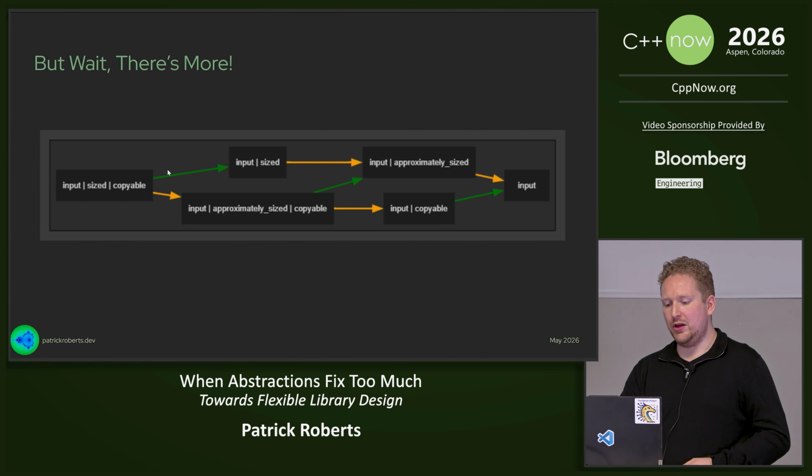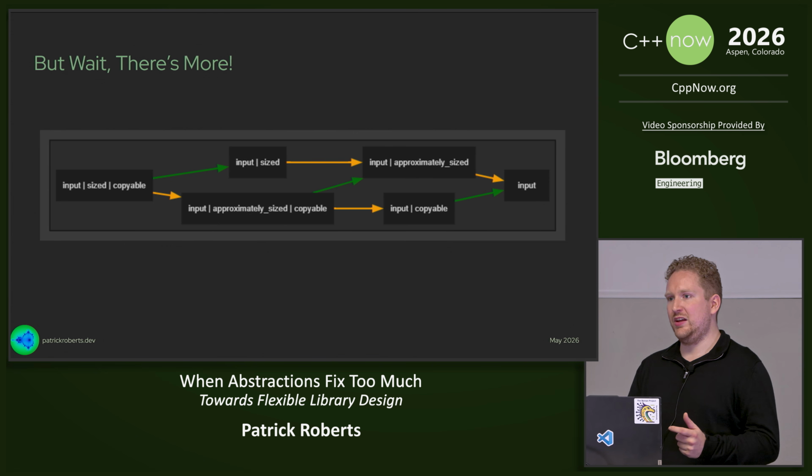The green arrows show removing the copyable capability, and the yellow arrows show degrading the sized capability, from sized to approximately sized to unsized. And you have to support degradation along both of these dimensions. But with a single witness table, you don't have a flexible enough representation to be able to do that.